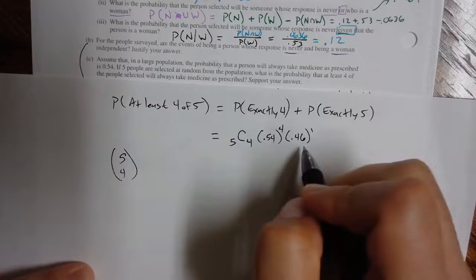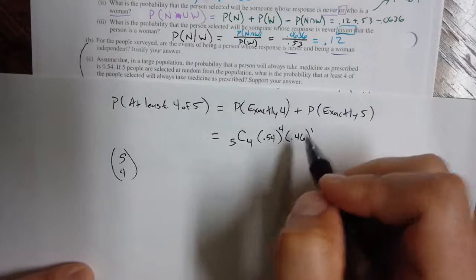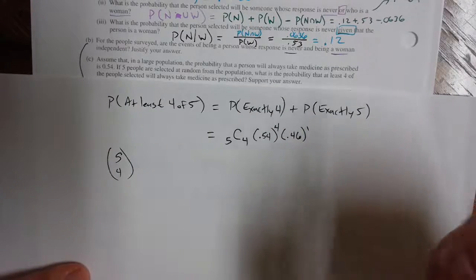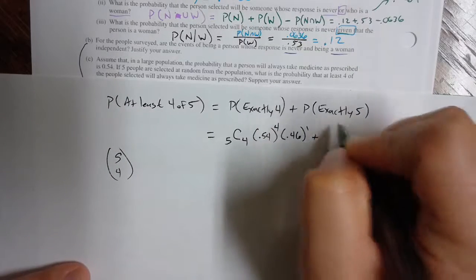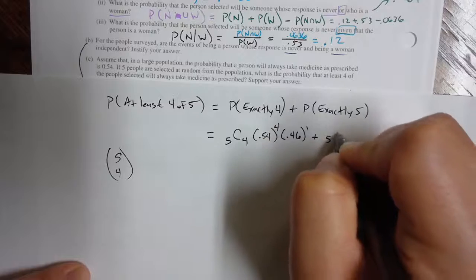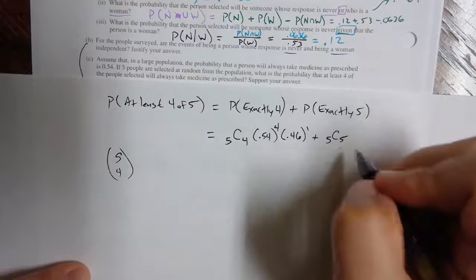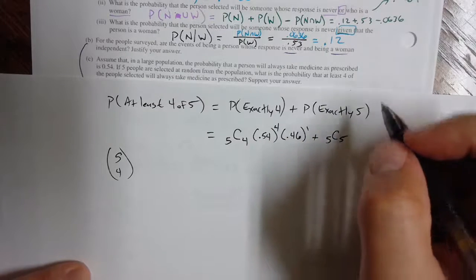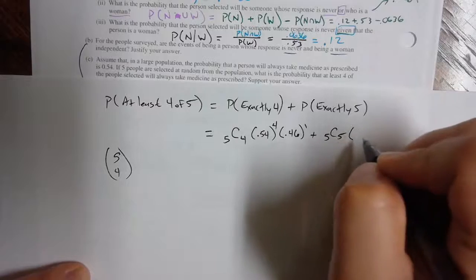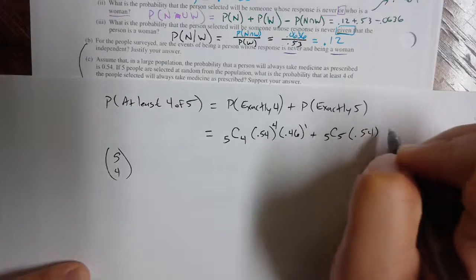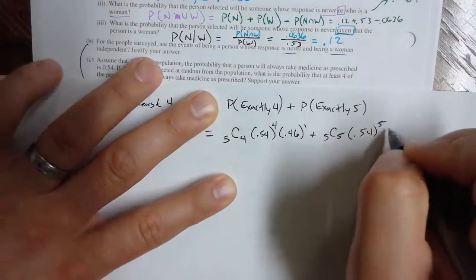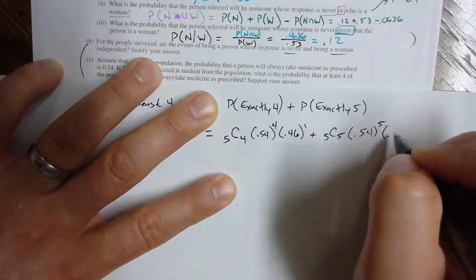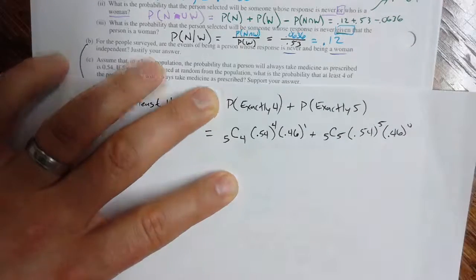So this part on its own represents the probability of exactly 4 people taking their medication out of the 5. And then the last one, we also have to do 5C5: 5 people, everyone in that group will take their medication as prescribed. 54% to the 5th power, and 46% to the 0th power.